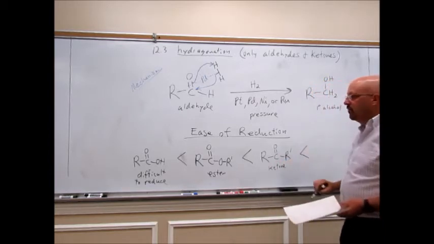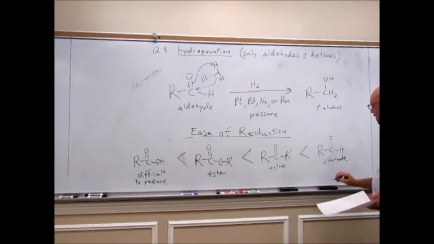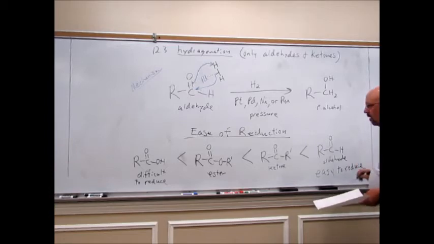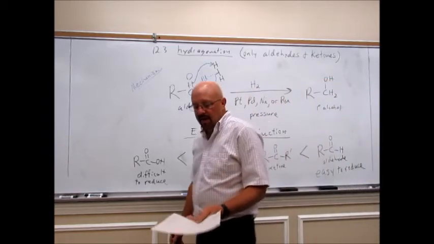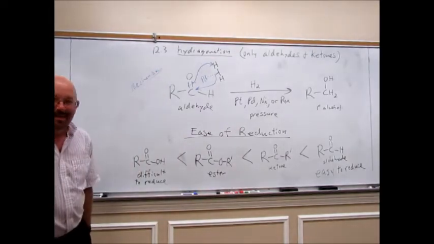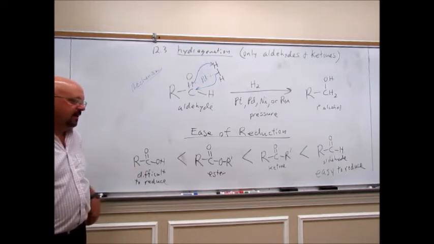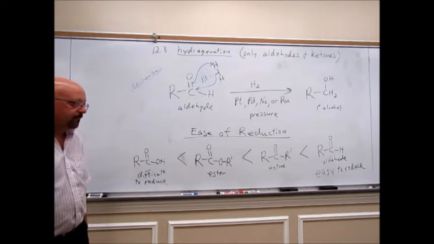And the easiest carbonyl to reduce is the aldehyde. Okay, so that's our order here for the ease of reduction. The aldehyde is the easiest to reduce. Then the ketone, ester, and the carboxylic acid is the most difficult.